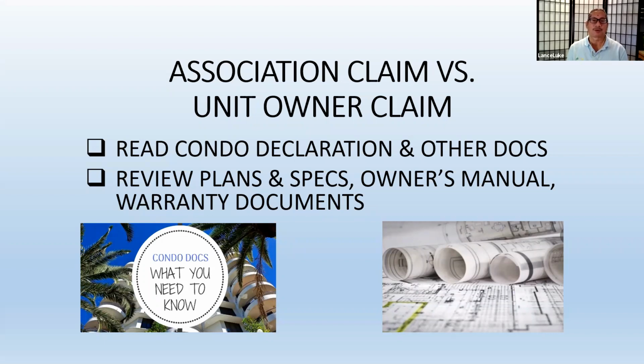Because the association represents all unit owners as a whole, but each specific owner would file their own claim with their own components. So if you have a countertop that cracked or something like that, the association doesn't file a claim for you. The unit owner would file the claim with the association or with the developer or contractor.